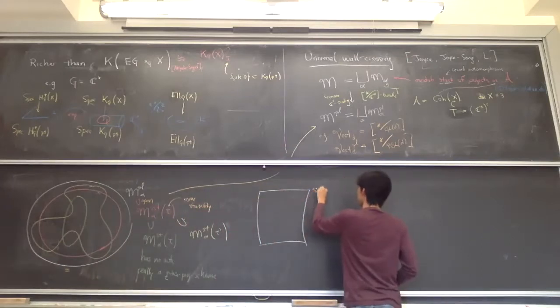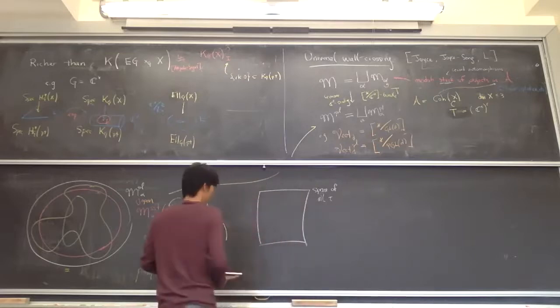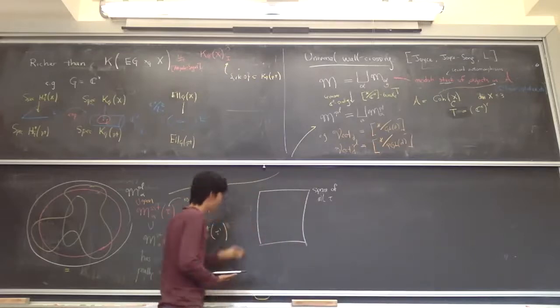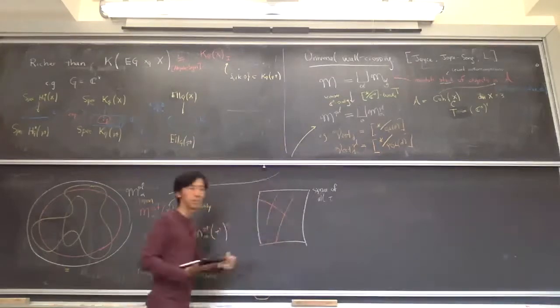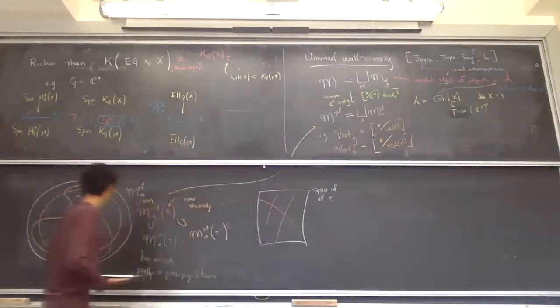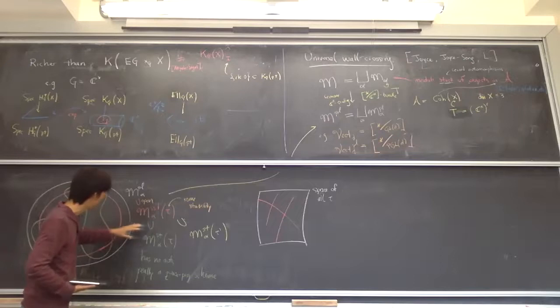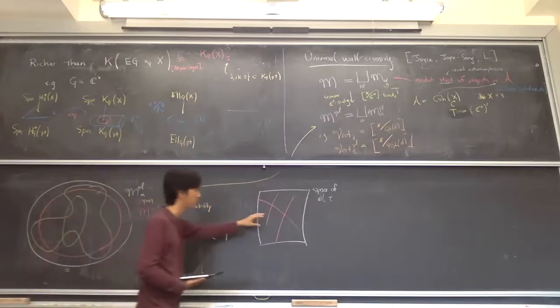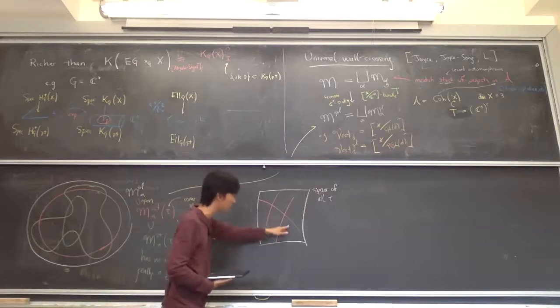And the picture for wall crossing to keep in mind now is that you have some space. So this is like a space of all tau, whatever that means. And inside the space will be some walls, which partition the space off into some chambers. And then you should think that in some sense, the behavior of the stable loci as you vary tau is somehow constant-ish in each chamber and only really jumps as you cross a wall.